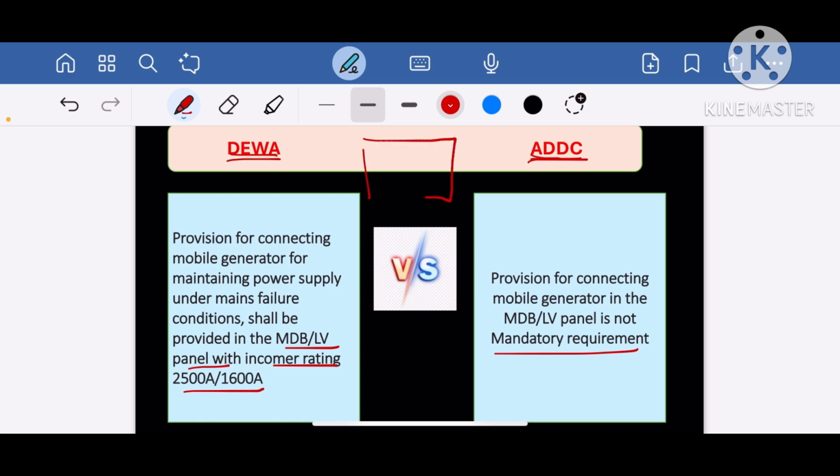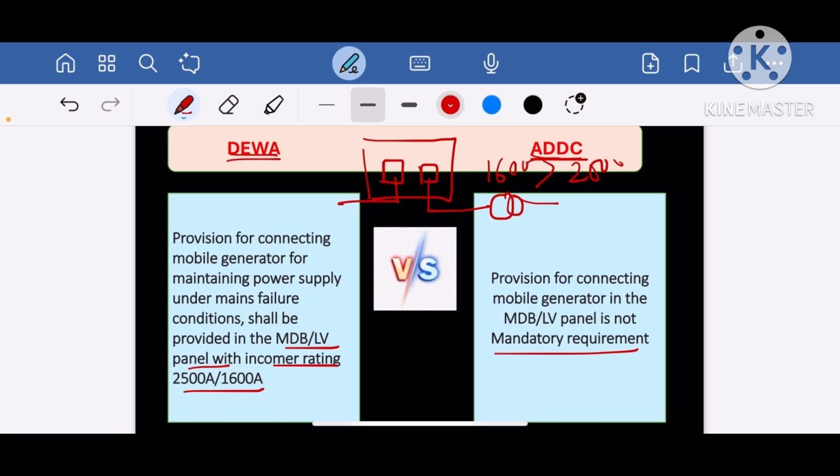Suppose I have an MDB, okay, and its breaker rating is 1600 ampere. As the breaker rating is 1600 ampere or above, that could be 2500 ampere also, then we need two breakers. One will be going to the transformer and one will be the provision for the mobile generator.